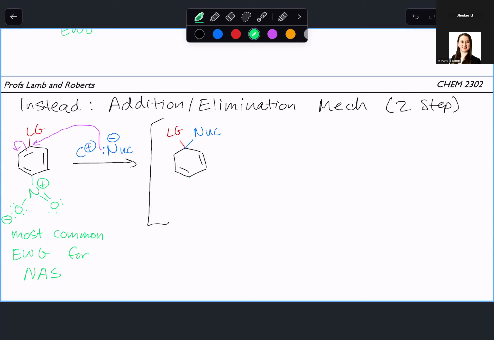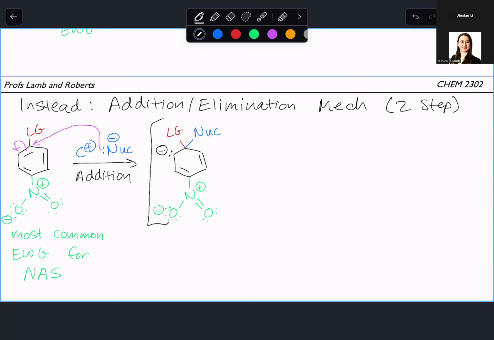We've still got our electron withdrawing group down here. And I dumped electron density onto this ortho position, which makes it negatively charged. So this is our addition step, because we have added the nucleophile to the electrophile. So we've done the addition.